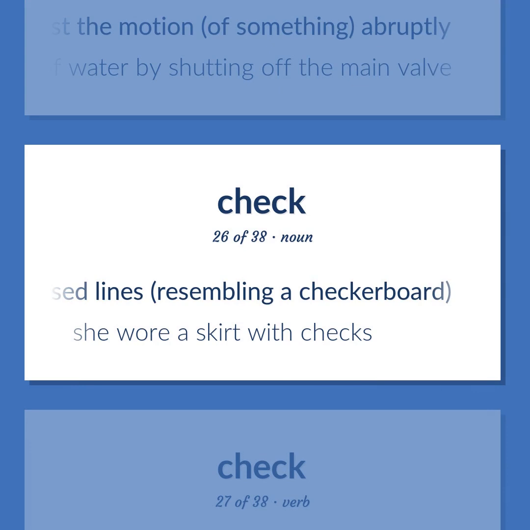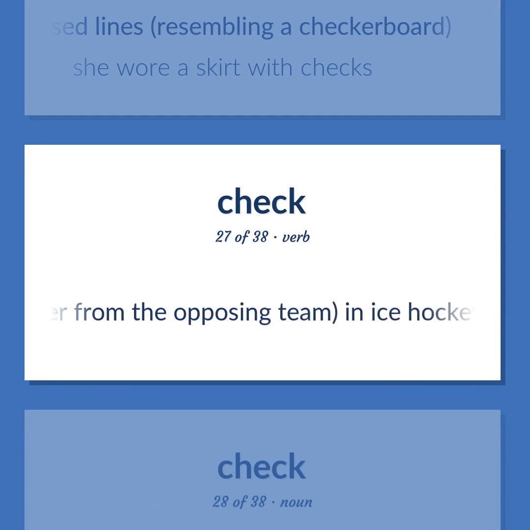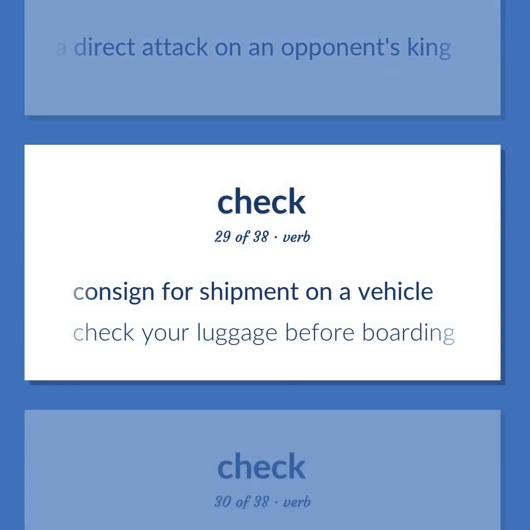She wore a skirt with checks. Block or impede, a player from the opposing team, in ice hockey. Chess, a direct attack on an opponent's king. Consign for shipment on a vehicle. Check your luggage before boarding.